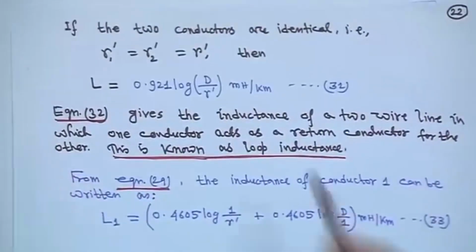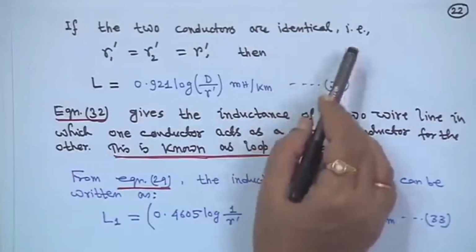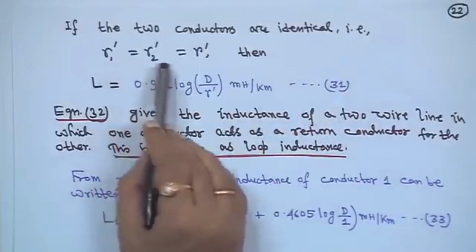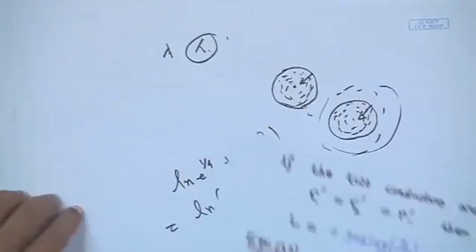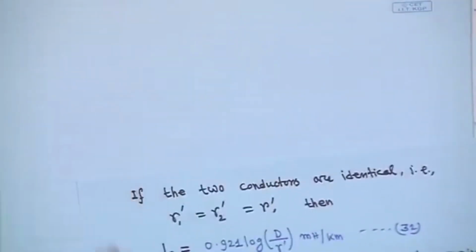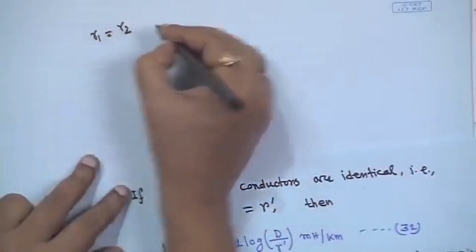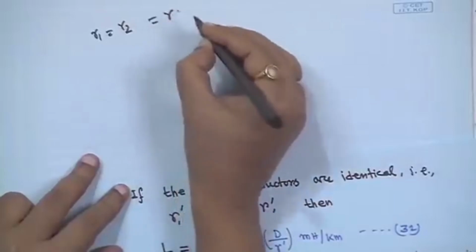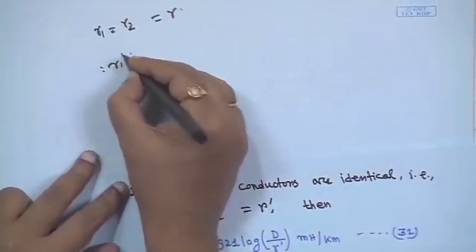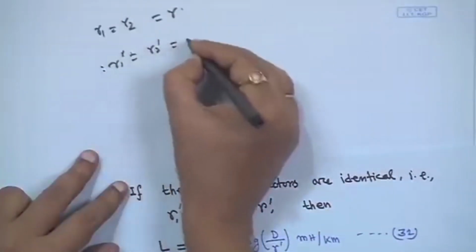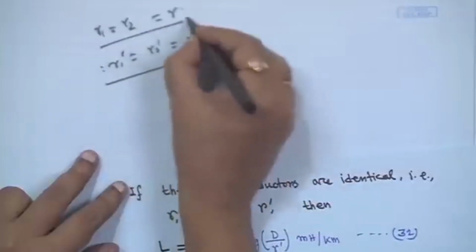Therefore, if the two conductors are identical, we assume r1 dash is equal to r2 dash is equal to r dash, that means r1 is equal to r2 is equal to r. We are assuming the radius is r.